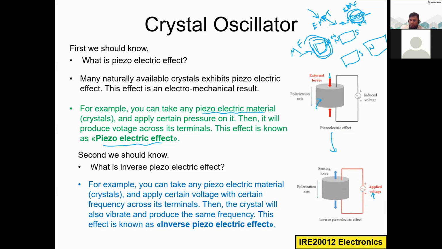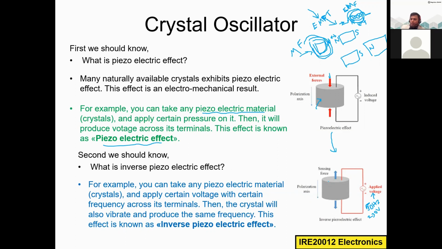For example, if I apply an AC voltage with 50 hertz, we know the standard one we are using in our home is 230 volt AC and 50 hertz. 50 hertz means there will be 50 cycles per second. I apply this to this material, then this material will start to vibrate, or oscillate between here and there.